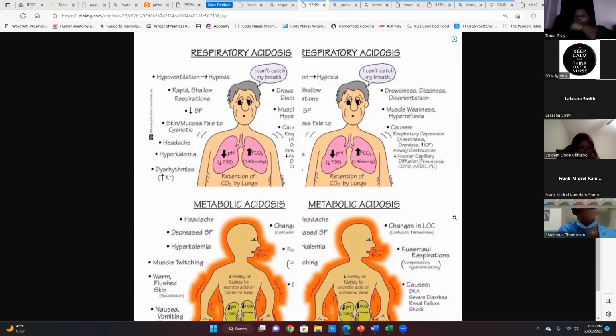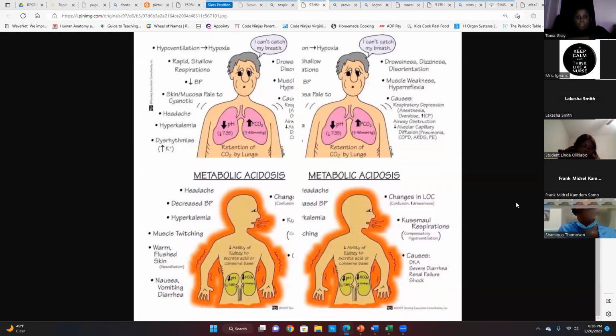When we think about metabolic acidosis, think metabolic, think kidneys. This patient has warm flushed skin, may have nausea, vomiting, and may have Kussmaul respirations because they're trying to compensate. With both acidosis, the pH is going to be less than 7.35, because the normal pH is 7.35 to 7.45.